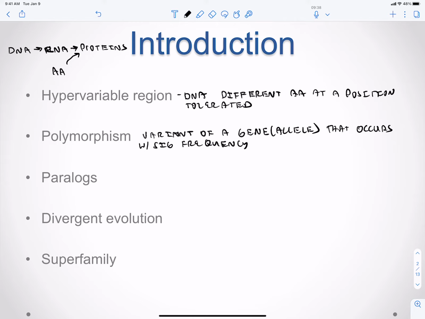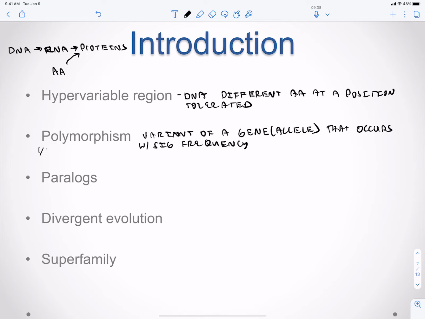And this can contribute to our individual characteristics, such as hair color, eye color, obvious dysfunctions, such as congenital or genetic inherited diseases, or increased susceptibility to certain diseases.